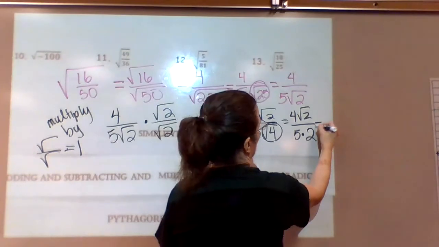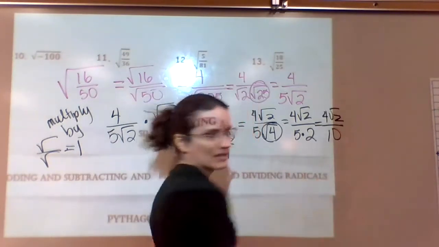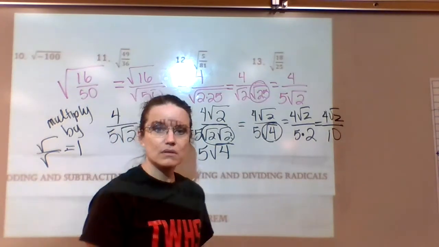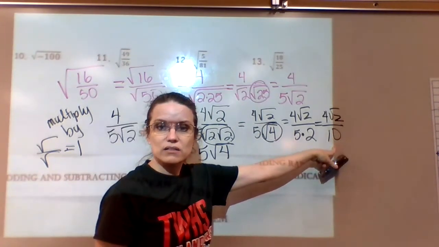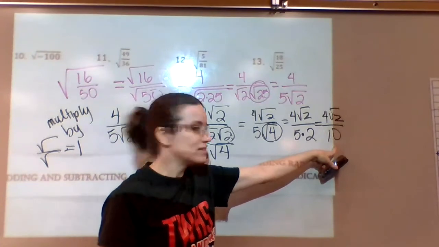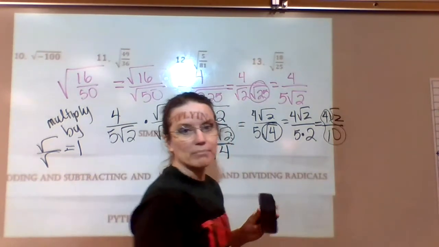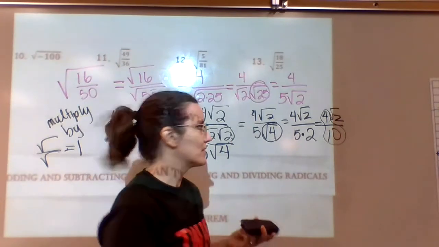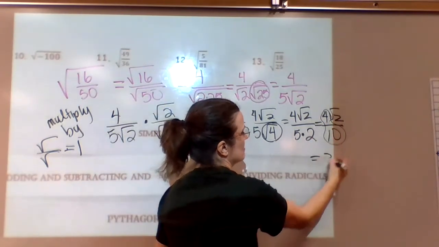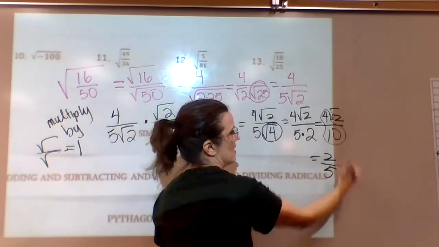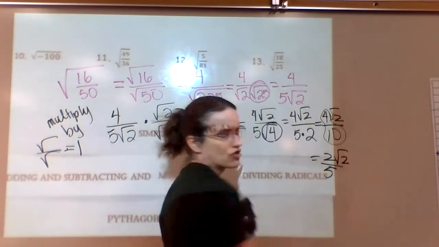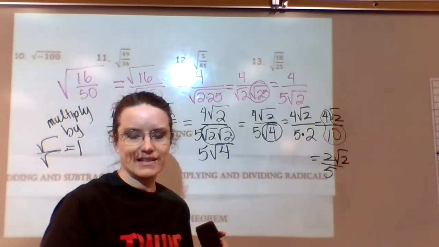And you go, okay, this is equal to 4 root 2 over 10. Oh, the radical is gone. Yay, that's what you wanted. Now, we just have to simplify the whole numbers, because fractions always still get simplified. 4 over 10 simplifies to 2/5, and then that root 2 just hangs off there on the end.